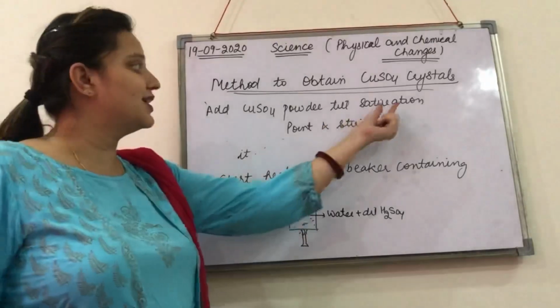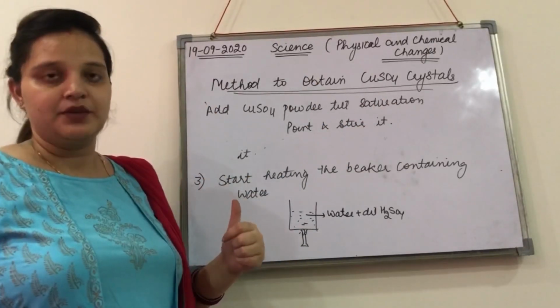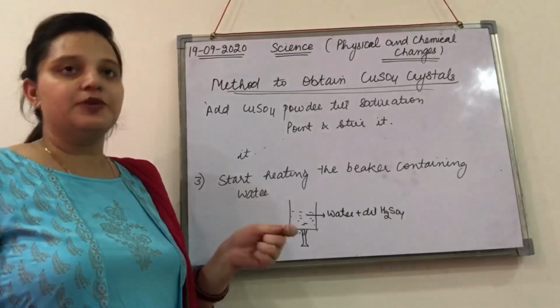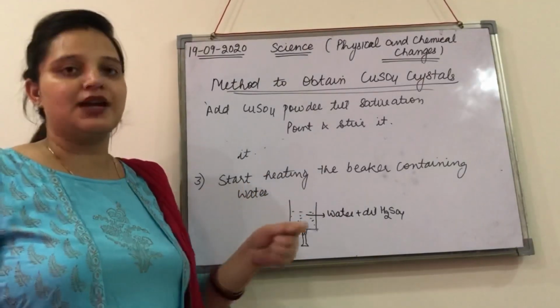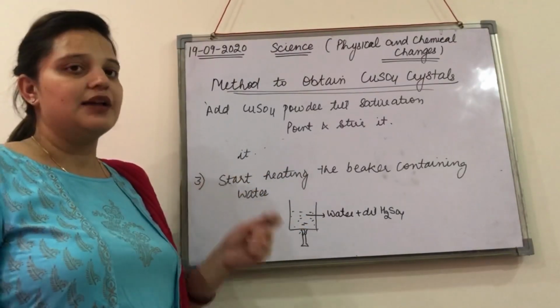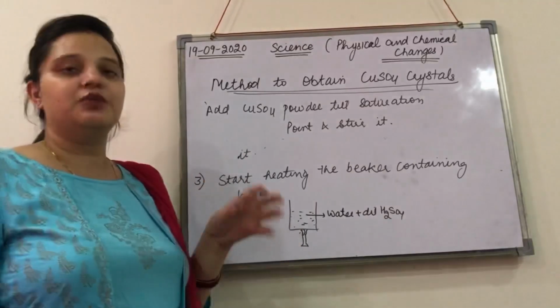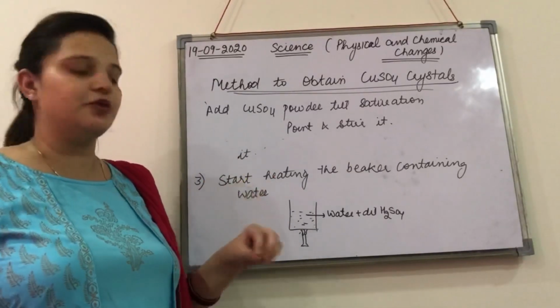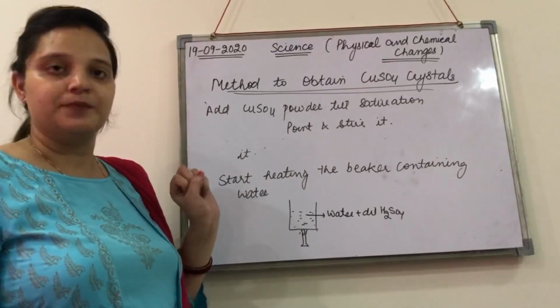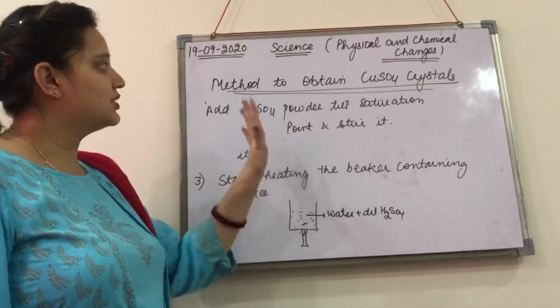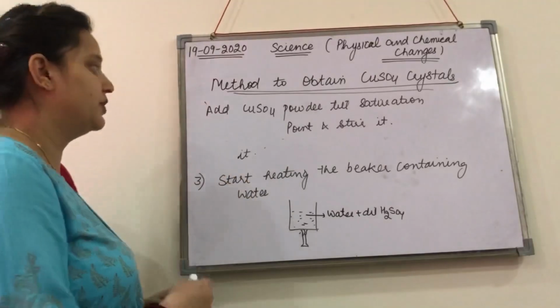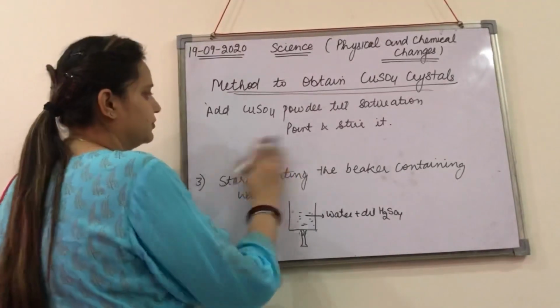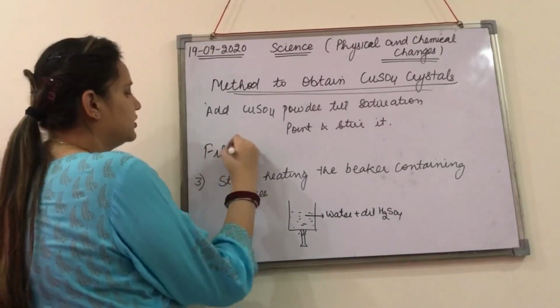That is called a saturated solution. So keep on adding copper sulfate and stir side by side, and add till the point when the copper sulfate powder no longer dissolves in the water. Then you have to filter the solution.